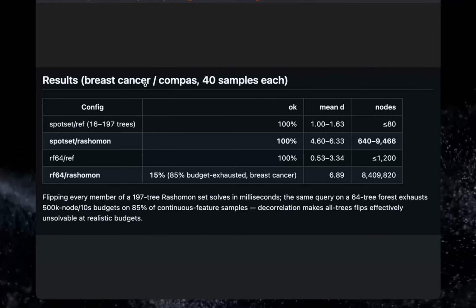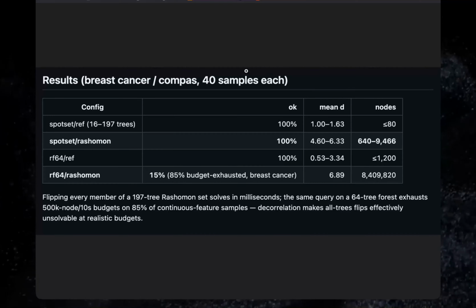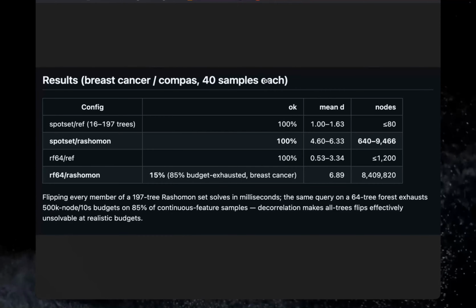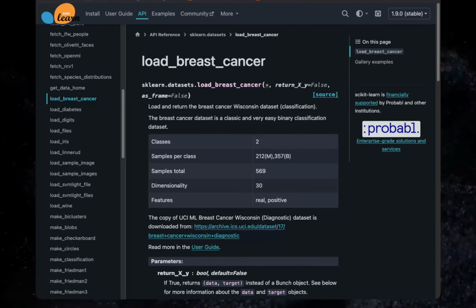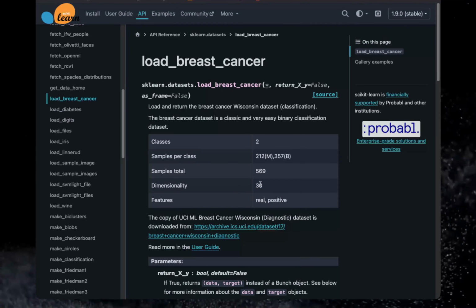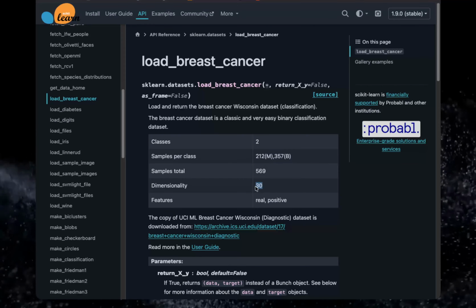This is using a breast cancer data set, and it's just using 40 samples each. The breast cancer data set is part of scikit-learn, and you can see that there are only 30 features here.